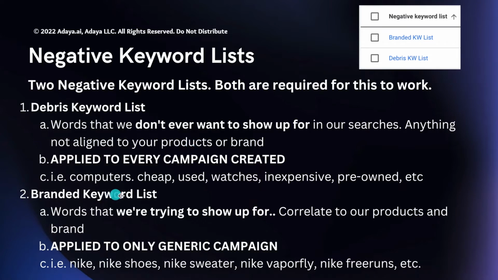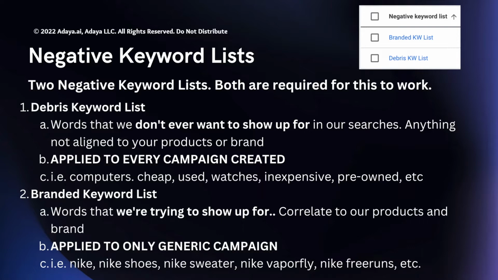Next, we have the branded keyword list. Now, this is going to be very important. This is going to only apply to the generic campaign. These are words that we're trying to show up for. So in this branded keyword list, you're going to put your brand. You're going to put your brand plus the products that you sell, your brand plus the product names that you sell, right?